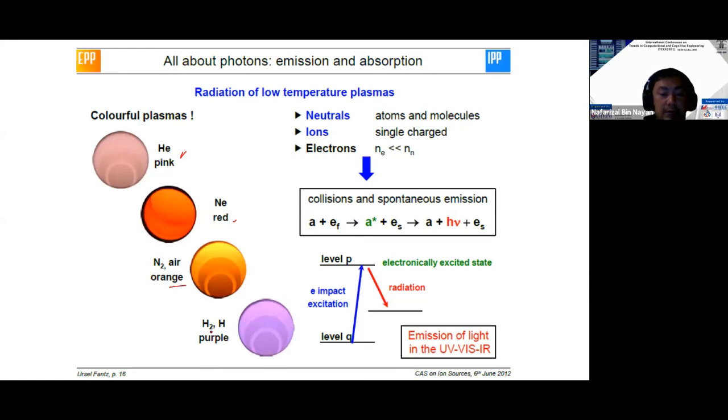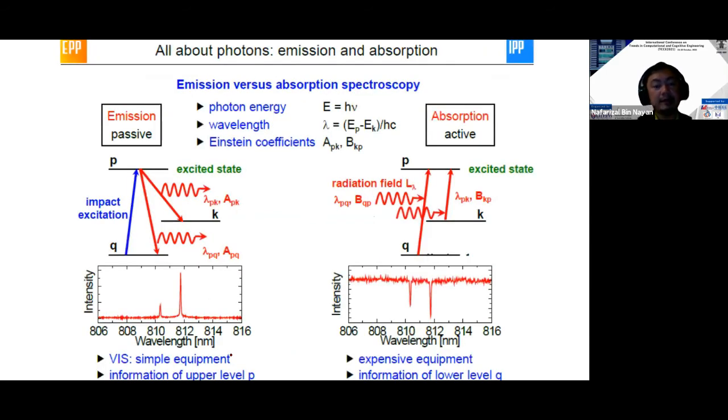If we use hydrogen as a plasma, the color is purple like this. This is simple information that we can get from the color. This emission we can capture using the optical emission spectroscopy technique, a very simple way.